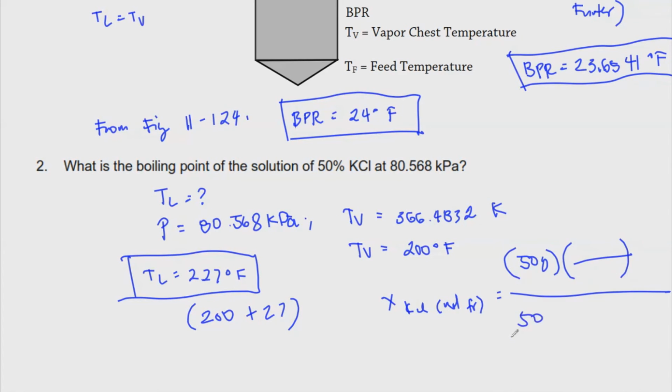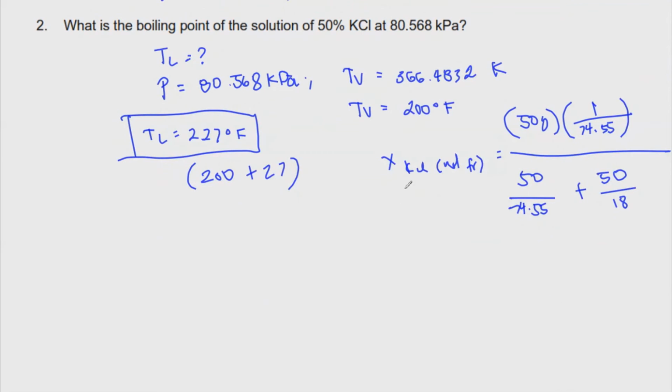So that's 50 divided by the molecular weight of KCl, which is 74.55 per 1 mole, and then 50 over 18 for water.